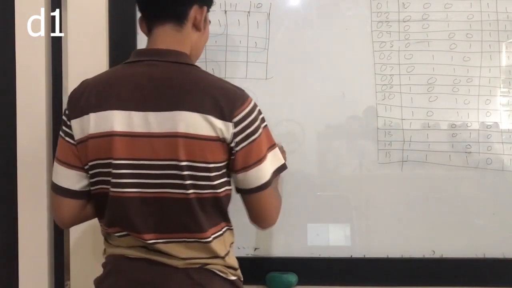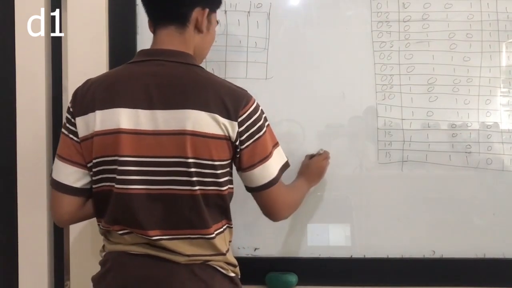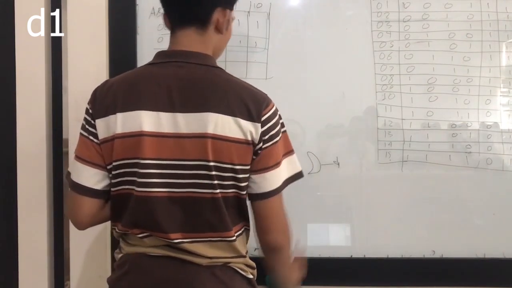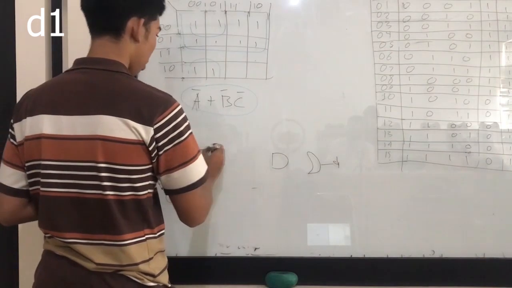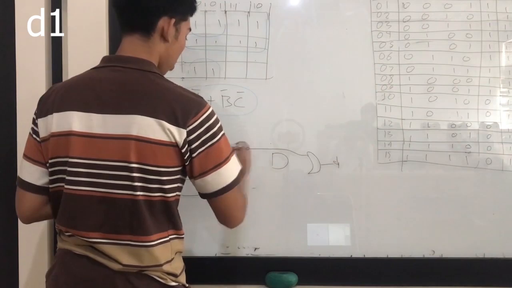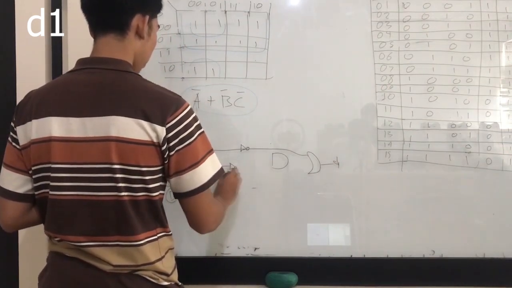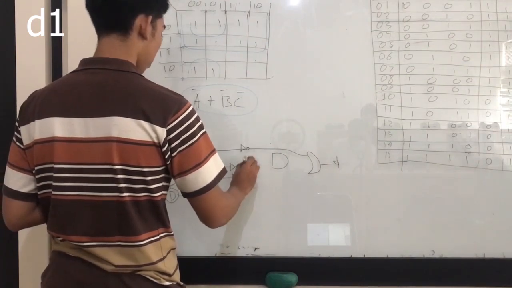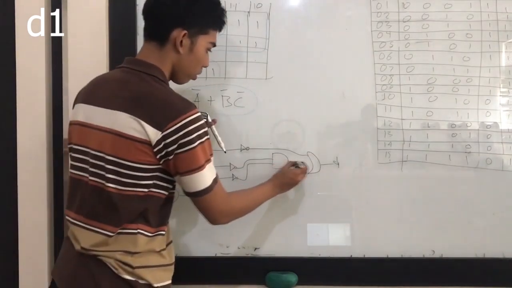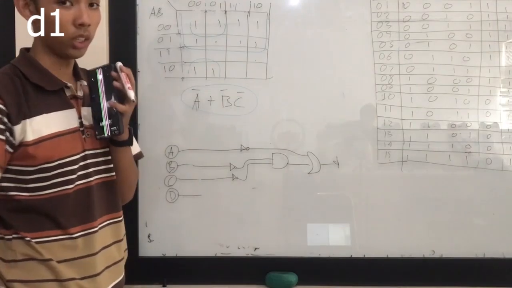Okay, so we're done. Okay, A inverse. Okay, this is our expression for D1.